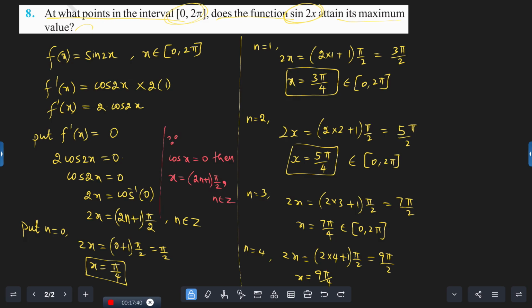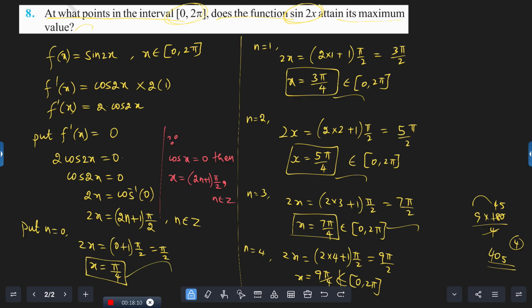To check, 9 into 180 divided by 4, that is 9 into 45, which is 405. 405 crosses 360. So this does not belong to the closed interval 0 comma 2 pi. Till this you can take: 1, 2, 3, 4.